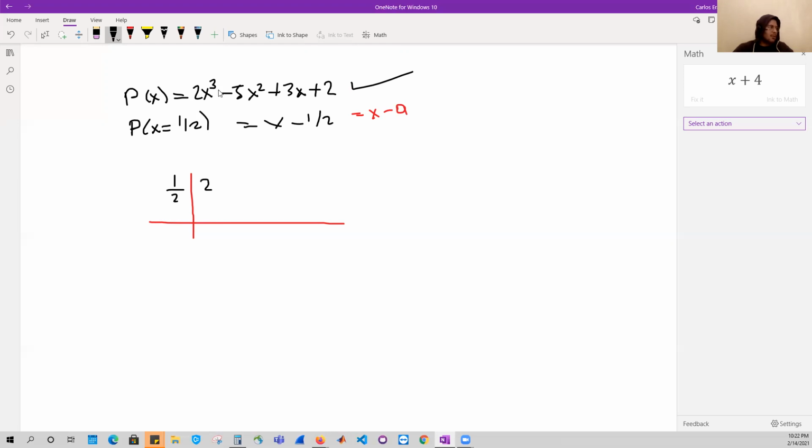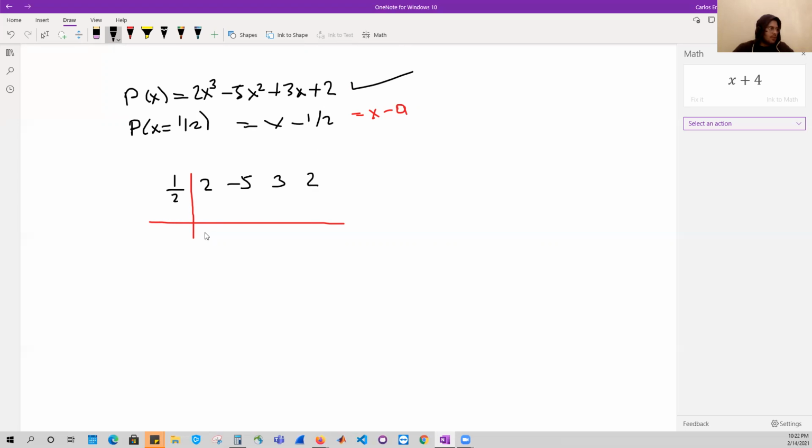If x squared didn't exist, we'd put 0, but right now, since it exists, we'll put -5. Same idea: if the x didn't exist in here, we'd put 0, but since it exists, we'll put 3. And then the final value in here, which is 2.